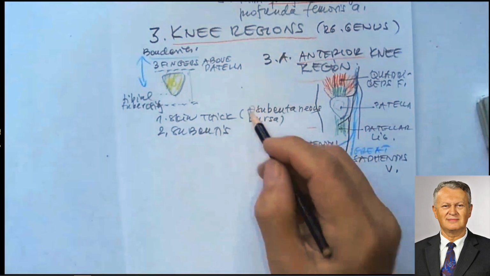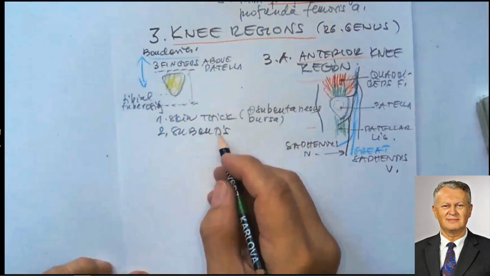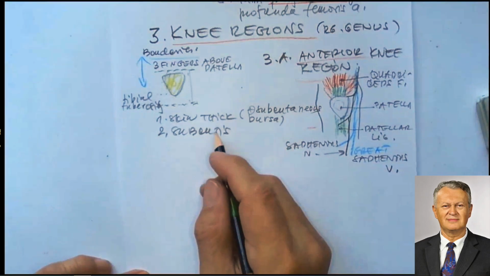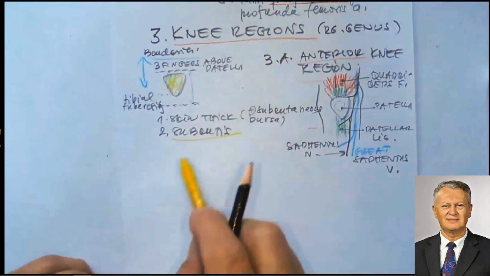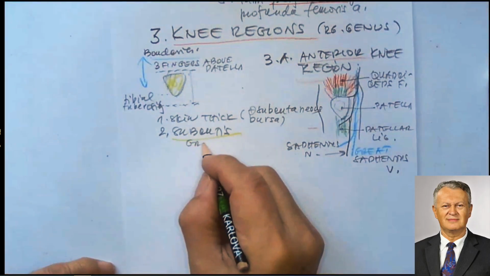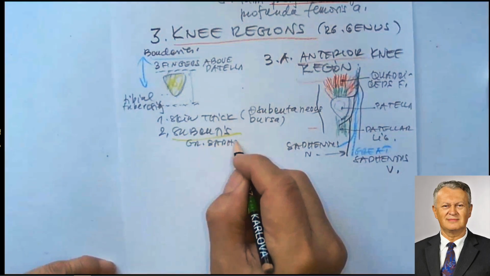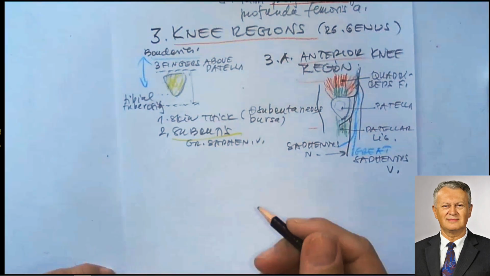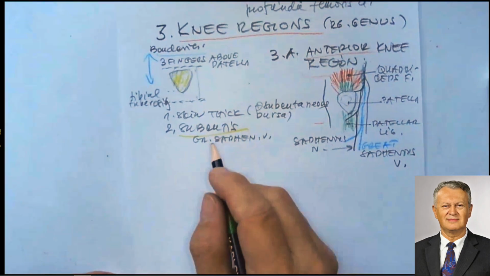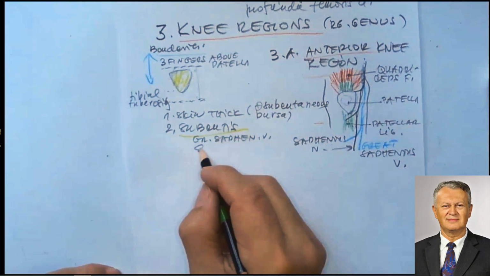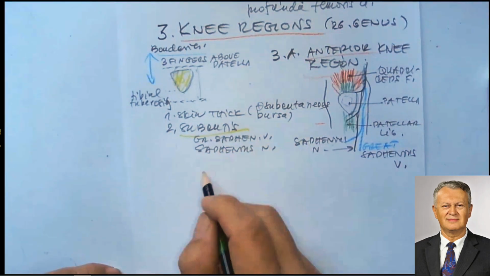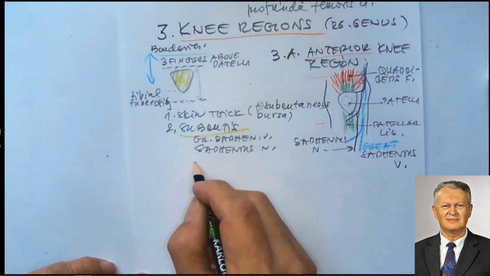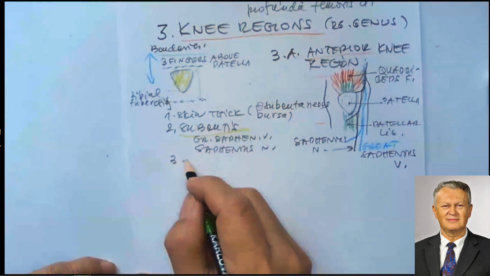The bursae are many around the knee joint. We would name them. The subcutis contains the great saphenous vein, with tributaries, and the saphenous nerve. Then follows number 3, fascia.